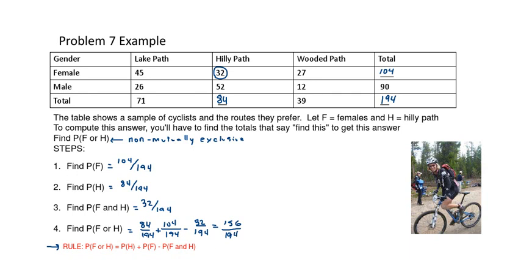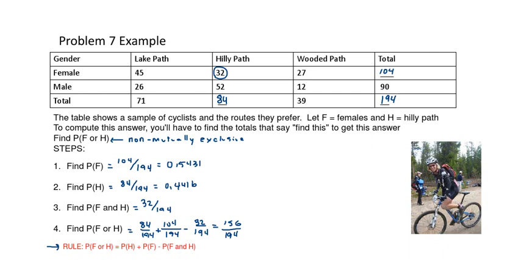Now we can put these in decimal form. As a matter of fact, on Canvas they ask you to do this. So if I were to round this to a decimal, 0.5431 was my probability of finding a female biker. 0.4416 was my probability of finding somebody who preferred the hilly path.